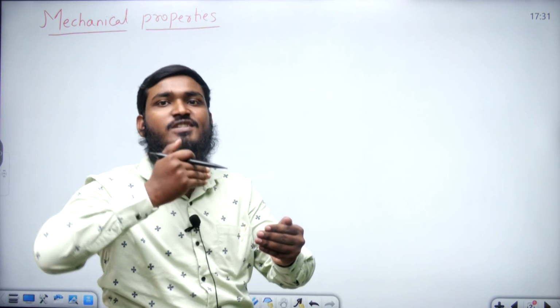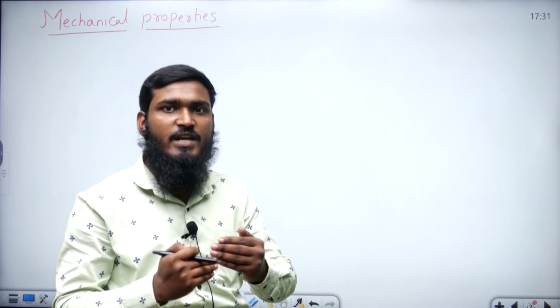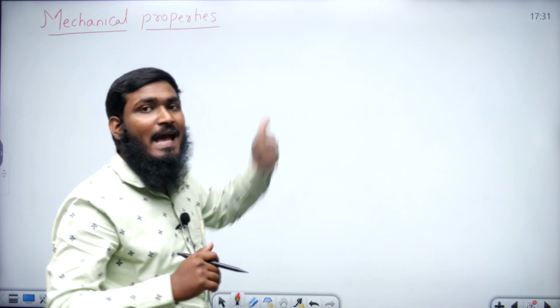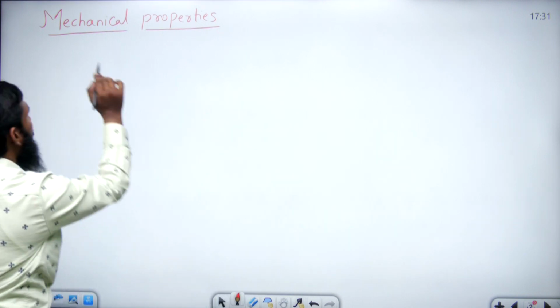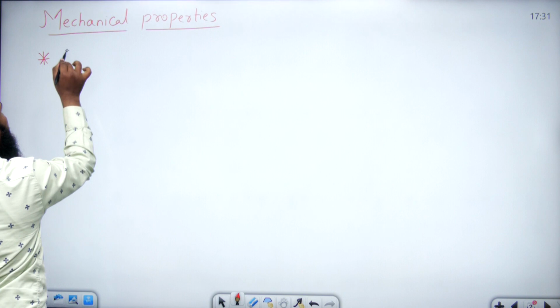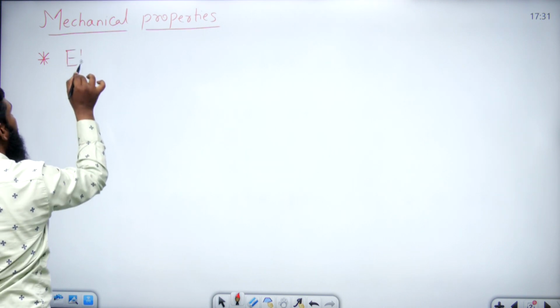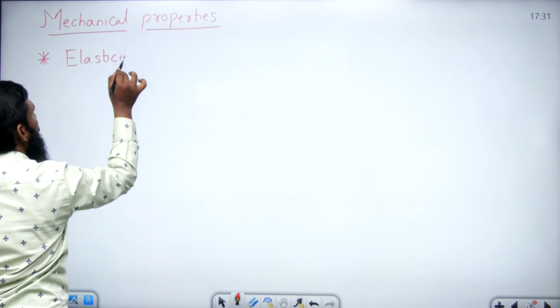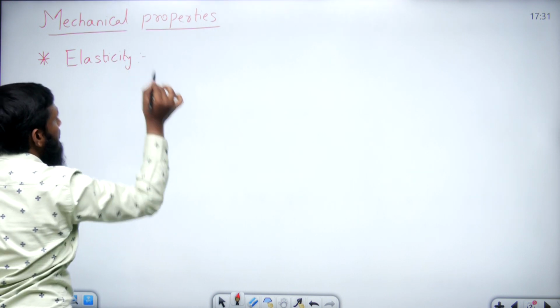Whenever we want to start that chapter, we should know the information related to mechanical properties. In these mechanical properties, the first part we are taking is elasticity. Now what is the meaning of elasticity?